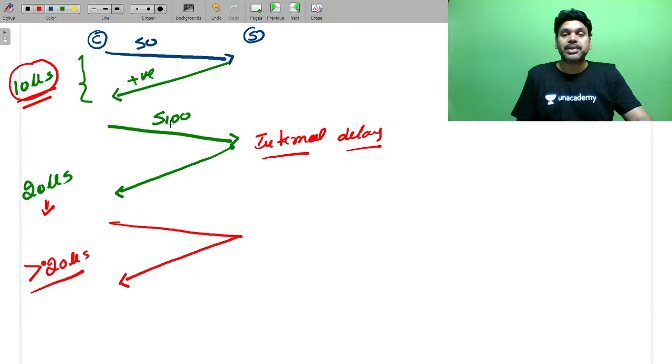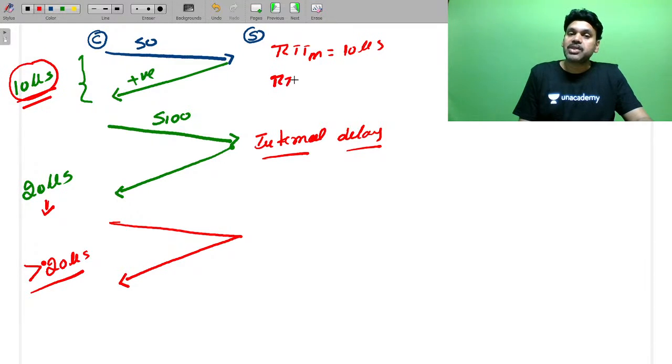So at the time of the first exchange, your measured RTT, RTTM, is 10 microseconds, and your smoothed RTT is also the same. If you get more than that time, then automatically your smoothed RTT is going to change.